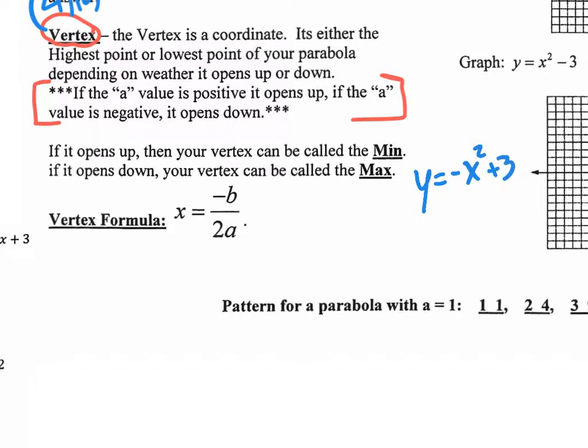And I asked you, is this going to have a maximum vertex value or a minimum vertex value? What do you guys say? It's opening down because the a value is negative 1, you know it's going to be opening down, so you know that it's going to be a maximum vertex value. Got it? What does maximum mean?